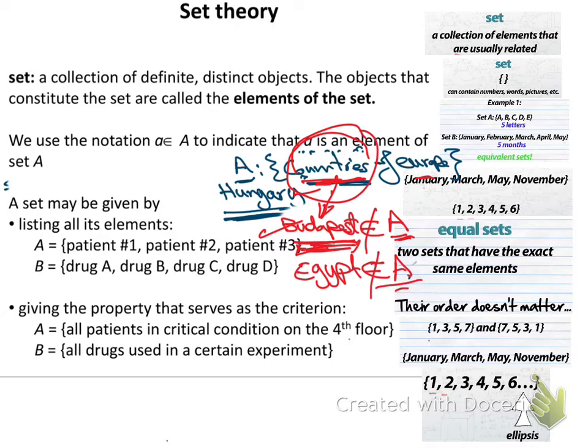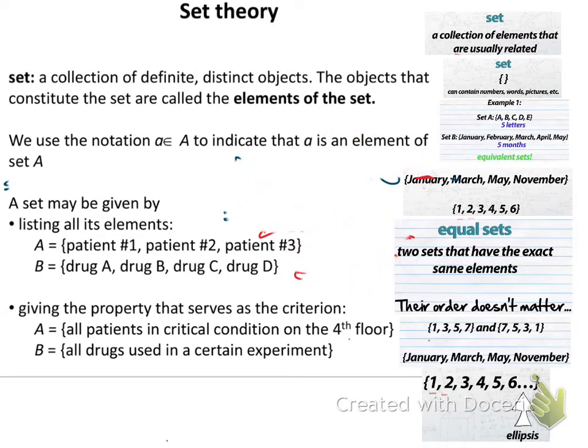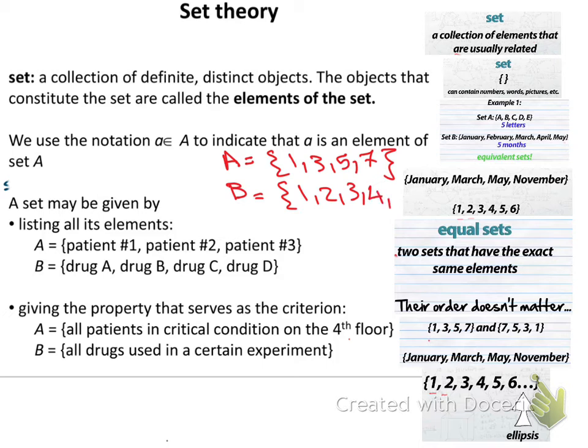Okay. So let us have other examples as well so we can make the picture clearer for you. If I have a set A, which is 1, 3, 5, and 7, and I have set B, which is 1, 2, 3, 4, 5, 6, 7, 8, and 9.